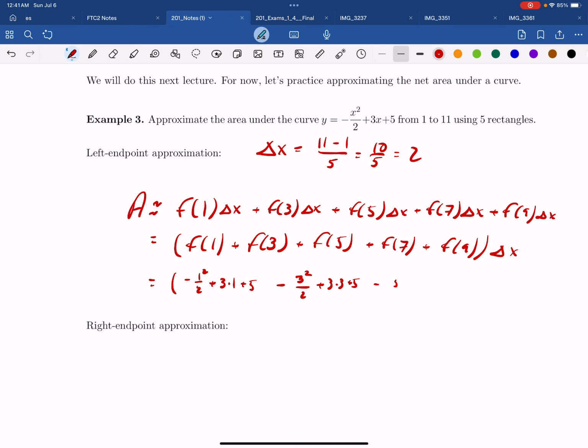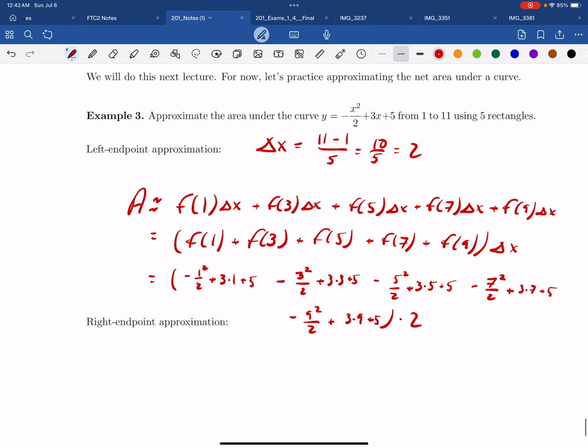Let's just be clear where I'm getting this. Negative 5 squared over 2 plus 3 times 5 plus 5, and we just keep doing this, right? Negative 7 squared over 2 plus 3 times 7 plus 5, negative 9 squared over 2, right? We just sort of keep going. And then do not forget to multiply by your delta x, right? Okay, don't forget to do that, okay?